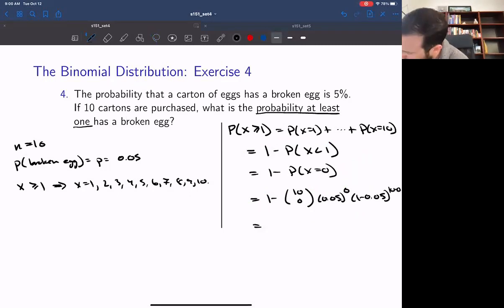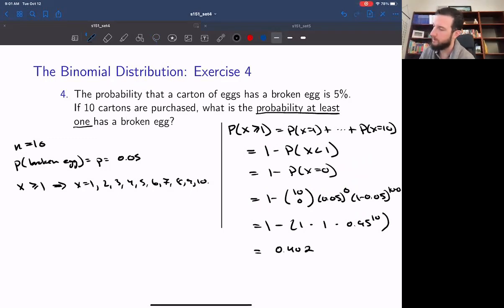Okay. So this is 1 minus 1 times 1 times 0.95 to the 10, which is 0.402.